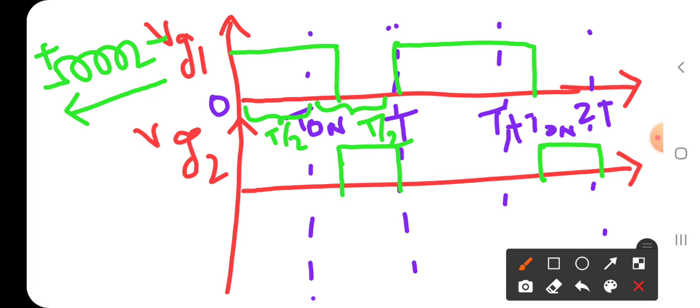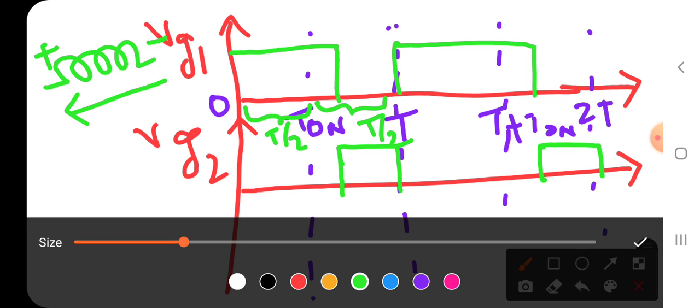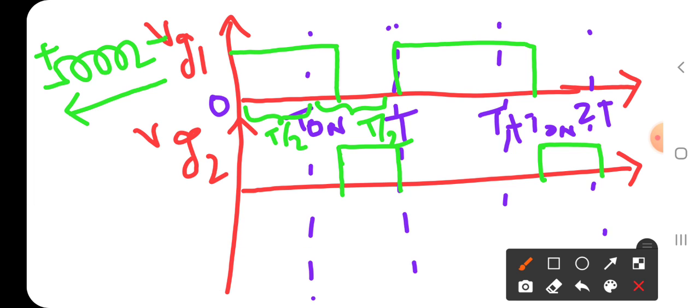Okay, now you draw the circuit diagram. Just draw the circuit diagram.